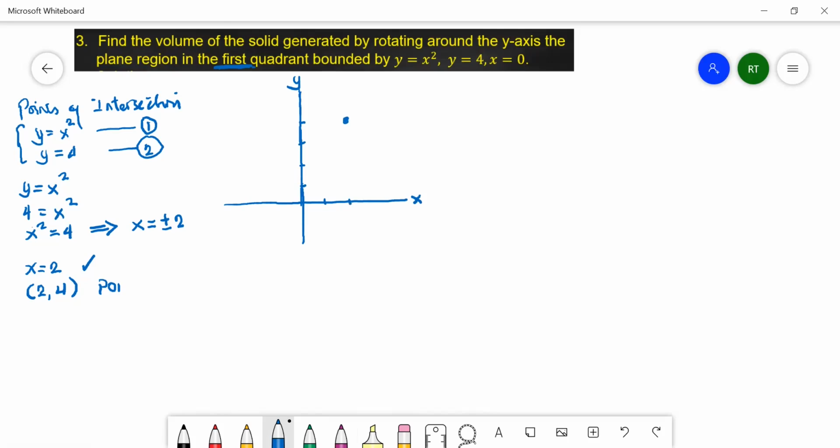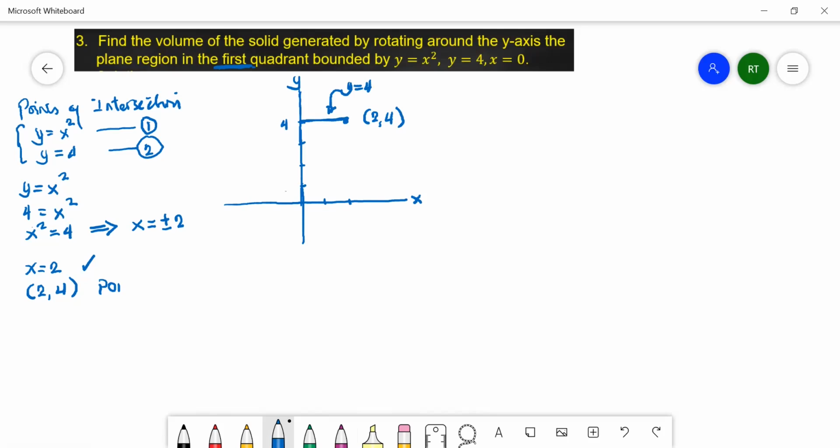This is the point of intersection at 2, 4. And we can now draw the line y is equal to 4. Of course, it is a horizontal line. So this is y is equal to 4.